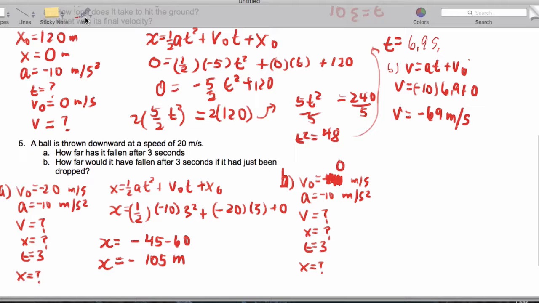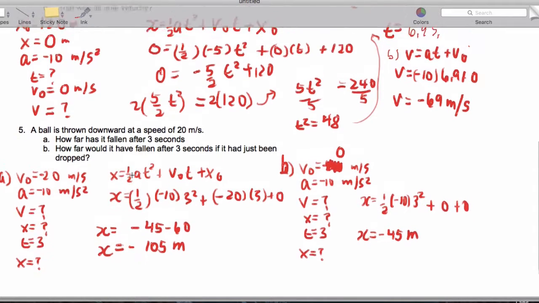So we can actually do a similar calculation to what we have here. And we're going to get that x is 1/2 times -10 times 3 squared plus 0 plus 0. x ends up being a mere 45 meters, so when you add that extra launching speed, throwing it downwards, you actually fall further down the cliff, which makes some sense.